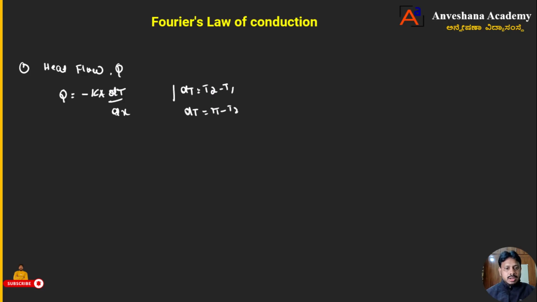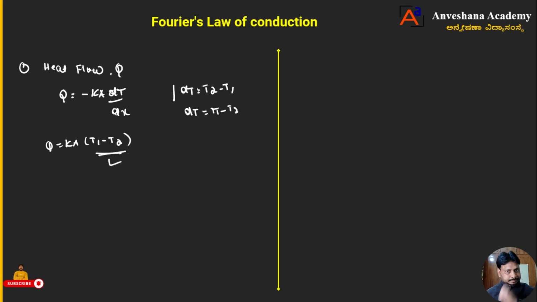So therefore what I will do, I can neglect this term. Okay, so therefore how I can write now? Q is equal to KA into what is dT? That is T1 minus T2, divided by dx. You can take dx or L, it's up to you. Okay, fine.